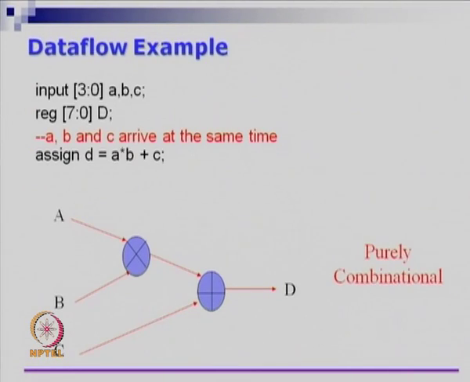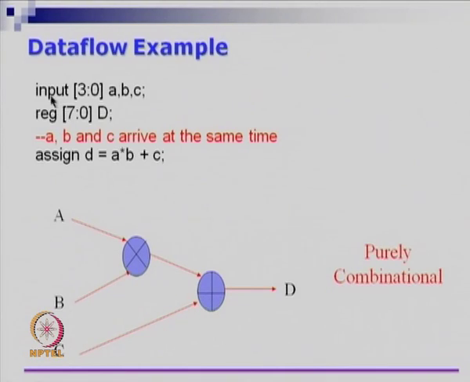So, let us look at various examples of dataflow modeling. Let us look at this picture here and the corresponding Verilog description. I am not providing the complete Verilog description, we are only seeing part of it.